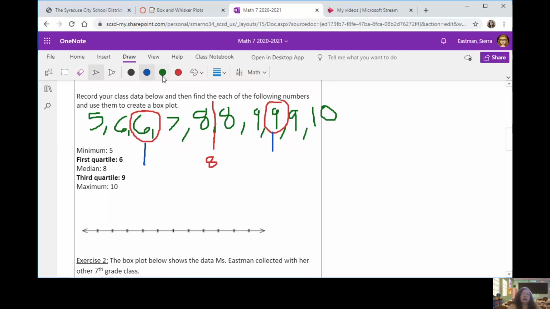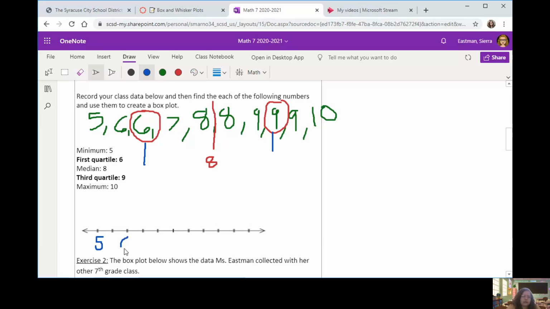So let's go ahead and take a look at what that's going to actually look like. On my box plot, I need to go from a minimum of 5 all the way up to 10. So I'm going to keep 5 here. I think I have enough space to actually count by 2 lines.